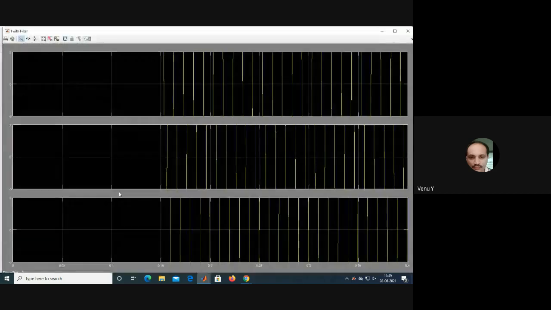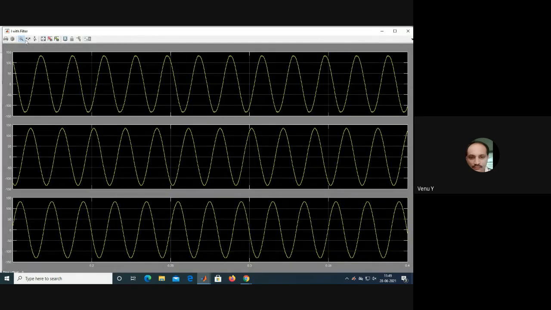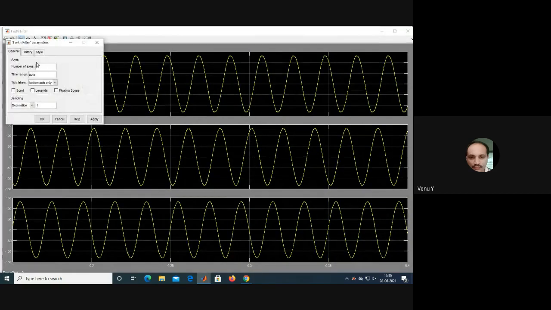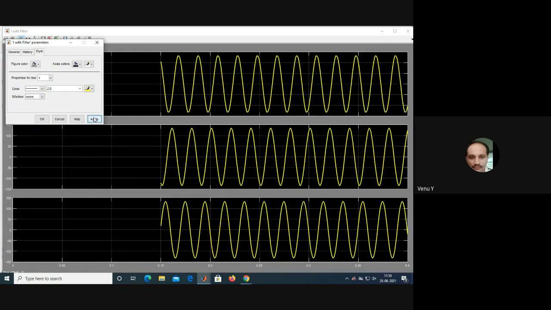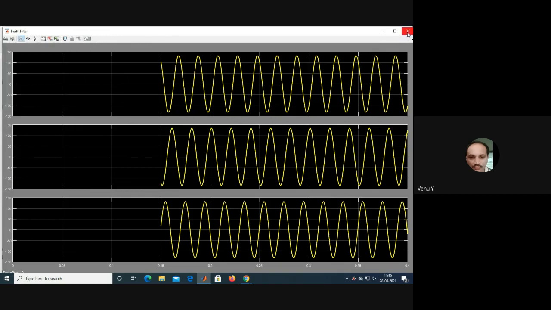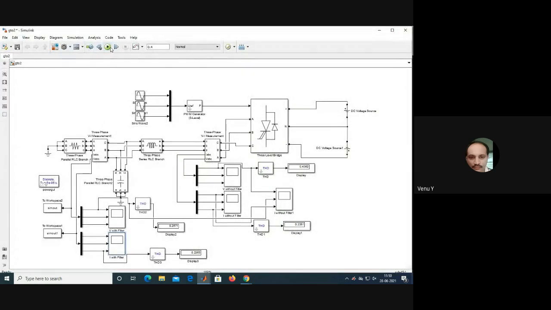Similarly, current wave, history. Save data, structure with time. Apply. OK. Once again, run this.